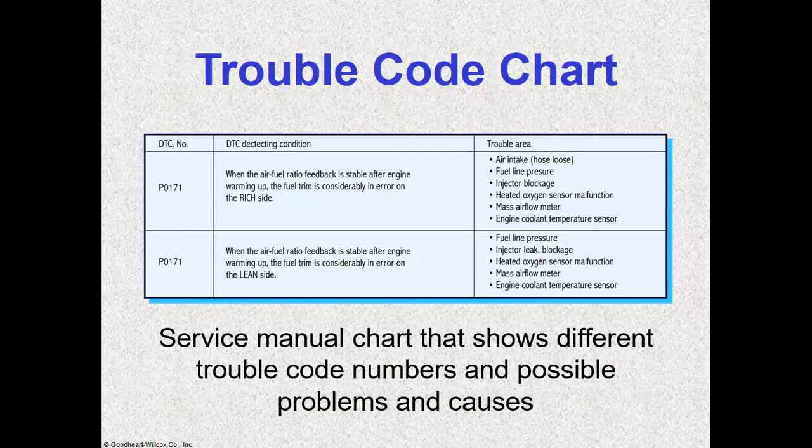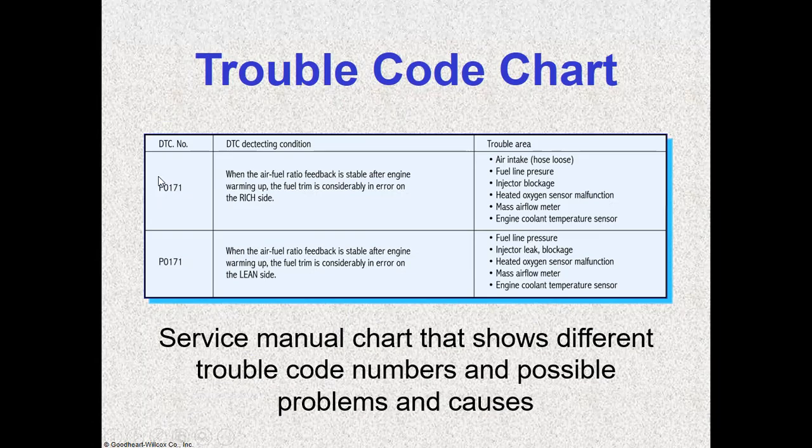So in this column we have the trouble code detecting condition. P0171, when the air fuel ratio feedback is stable. All right, this code set out right here.